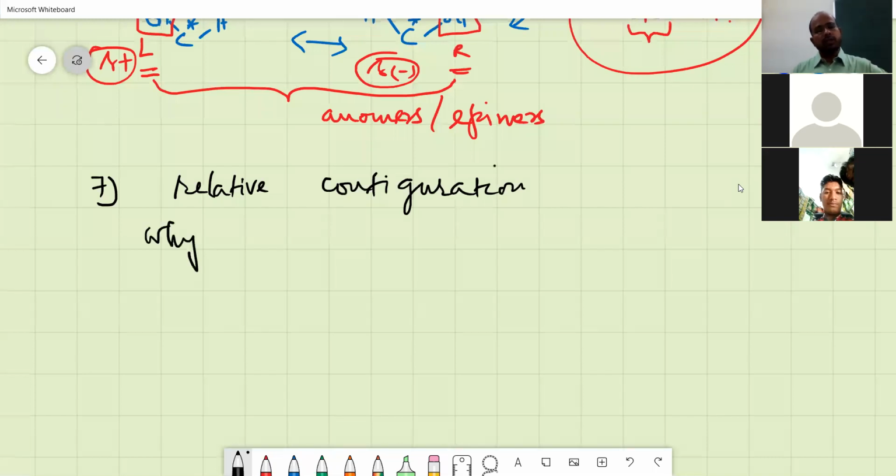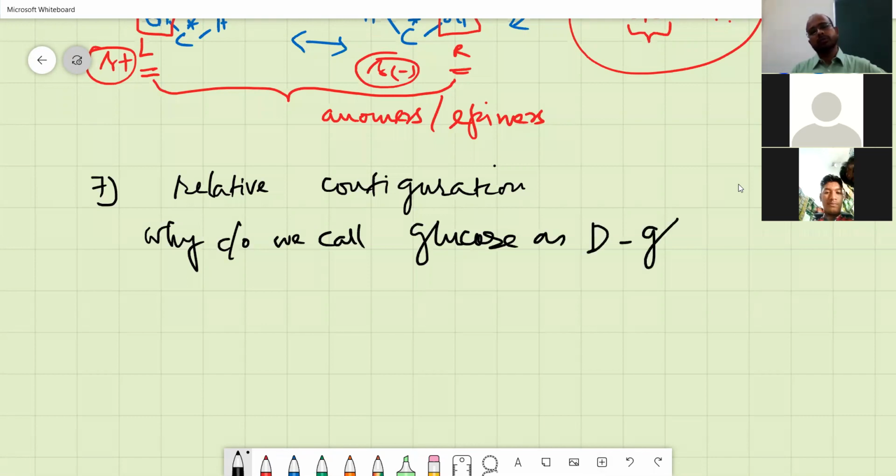Why do we call glucose D-glucose? Why do we call glucose D-glucose? Then your answer should be relative configuration. What is the relative configuration?